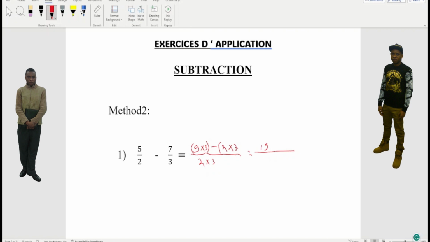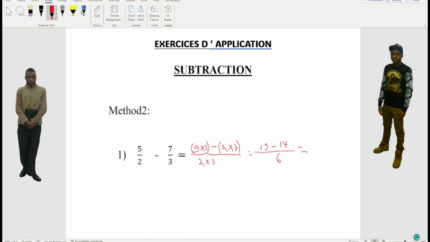Don't forget this minus right there. 2 times 7 equals 14. 2 times 3 equals 6.